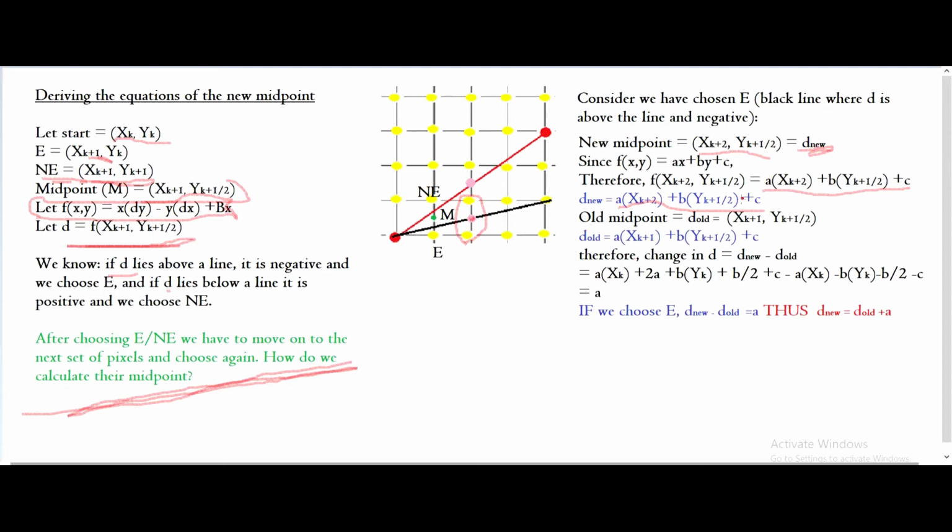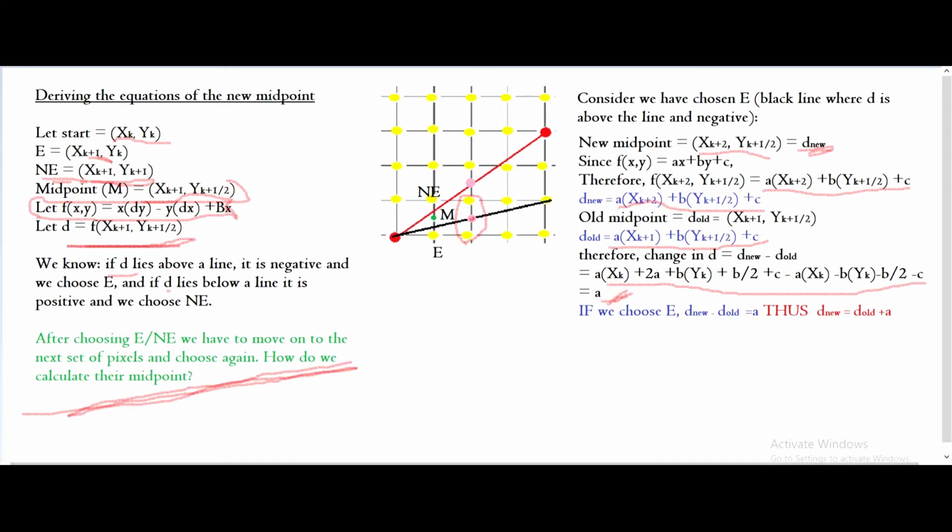Now our old midpoint used to be this one, xk plus 1, yk plus half, this green point here. We can also expand this in the form ax plus by plus c, and we will get this here. So the change in d is d new minus d old, and after we perform this subtraction, we will get a single value, and this value will be a.